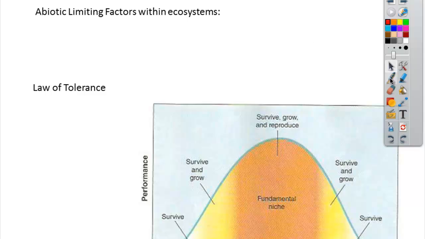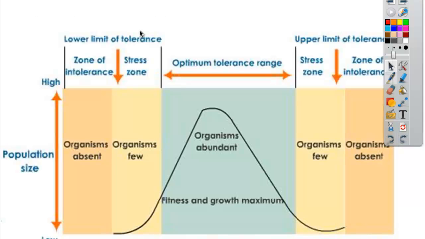Okay? A limiting factor, if you want a definition, for those people who like to have definitions, would be some sort of, usually abiotic component of an ecosystem that limits the population growth. A limiting factor is exactly what it says.